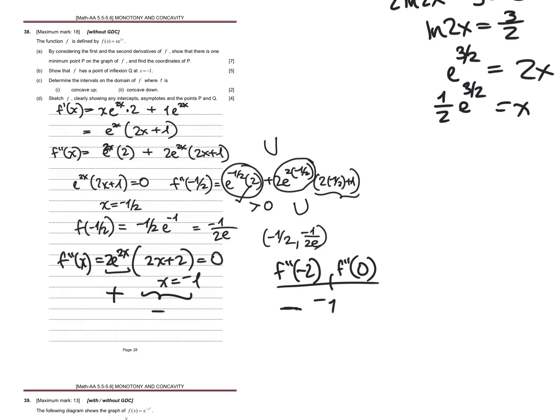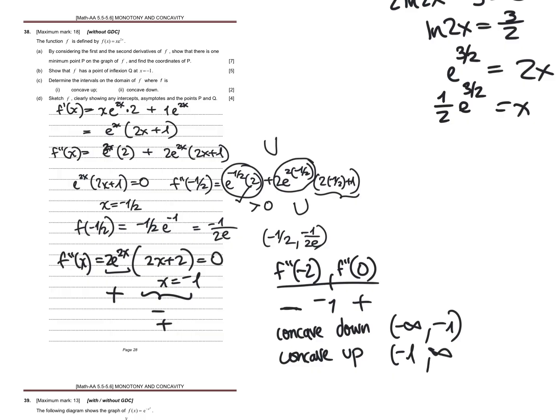And then at 0, we'll have a positive there. So it's concave down from -infinity to -1, and concave up from -1 to infinity.